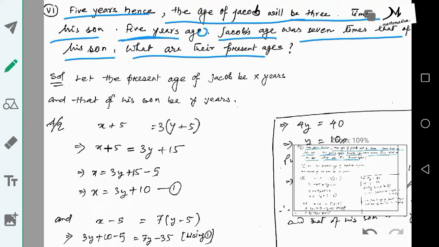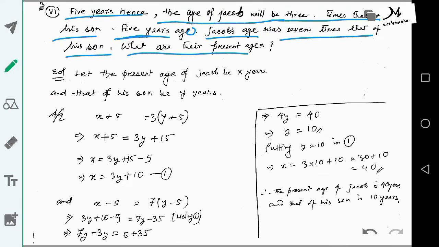Now a person named Jacob will be 3 times that of his son after 5 years. 5 years hence means after 5 years he will be 3 times his son's age. Okay, now let us consider Jacob's present age be x years and his son be y years.